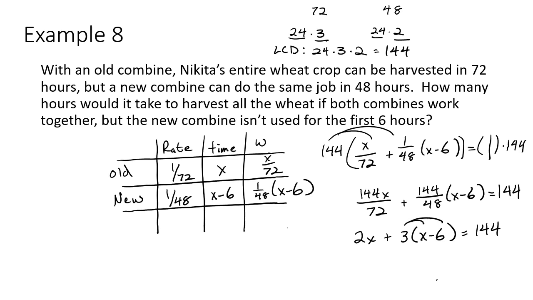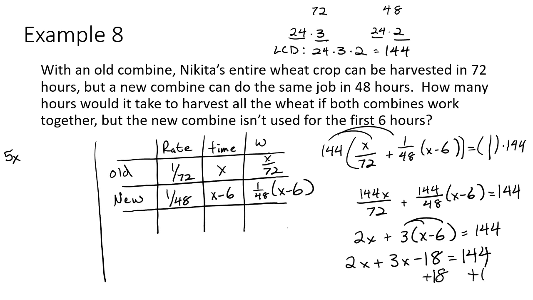So now I'm going to distribute through, to get 2x plus 3x minus 18 is equal to 144. And now I'm going to move over here to give myself a bit more space. If I combine the two x's, that gives us 5x. I'm going to add 18 to both sides to move that across, which would give me 162.